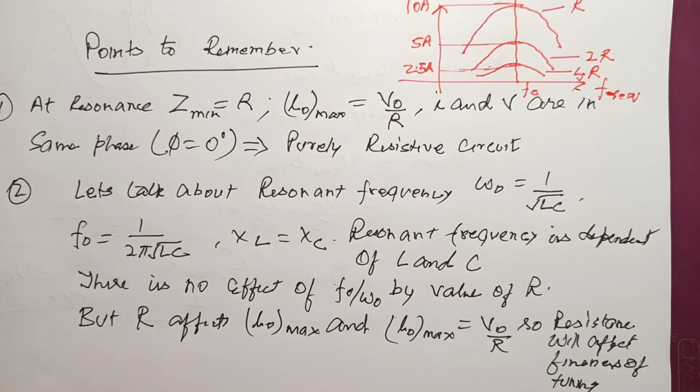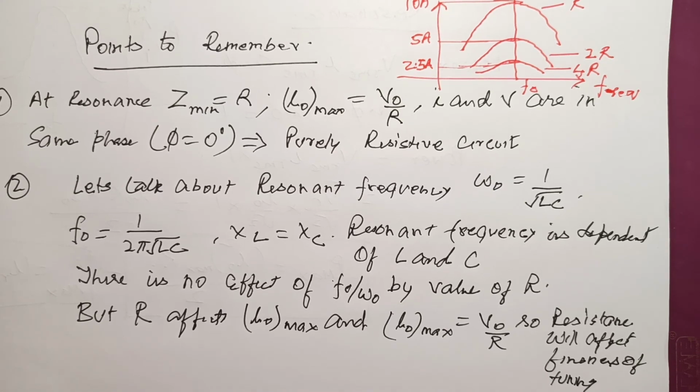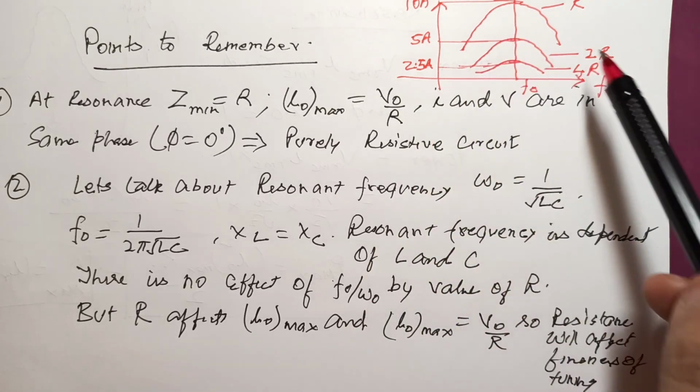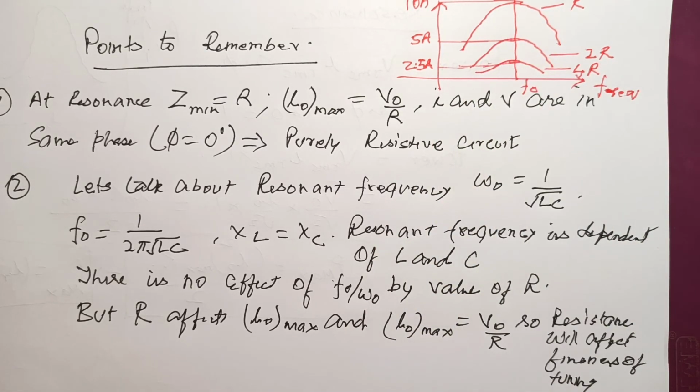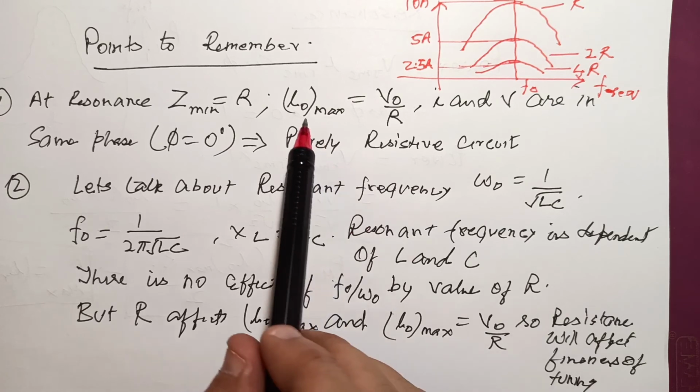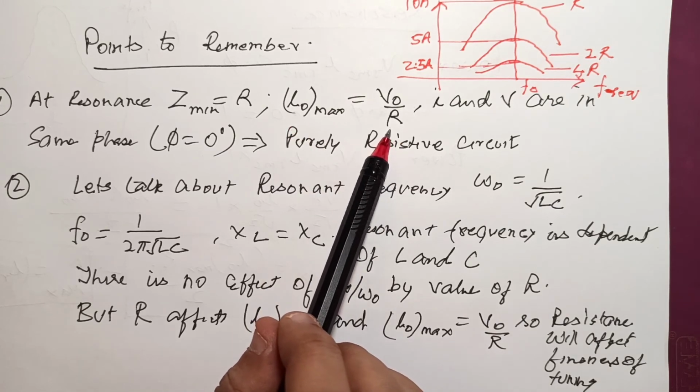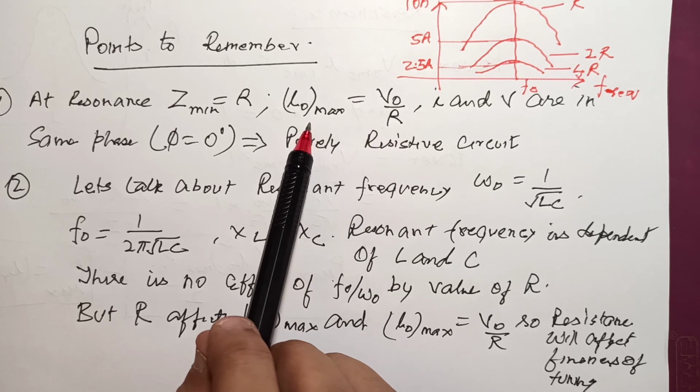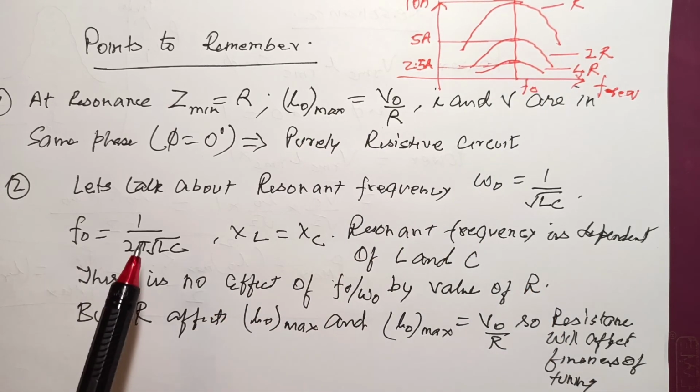So this explains the effect of resistance. There is no effect of resistance on the resonant frequency. However, resistance will alter the current, and as you see, it will affect the fineness. For example, if resistance is very high, then the current would be very less here.